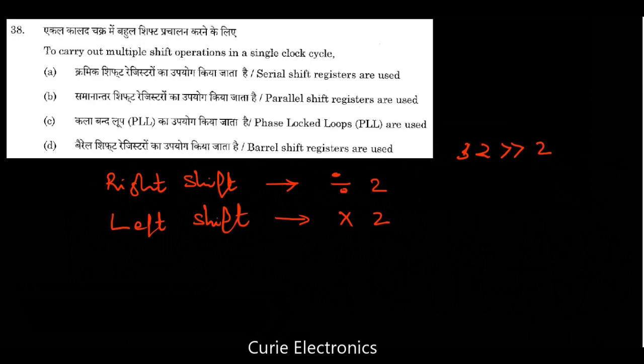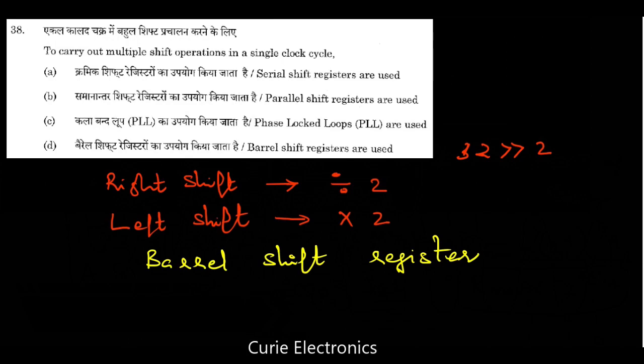To avoid that, what is there in the modern processors like ARM? They have got a barrel shift register. What is it? Barrel shift register. So in a single clock cycle, it can do n bit shifts. That means we can do 2 shifts, 5 shifts, 8 bits, depending upon the number of bits.